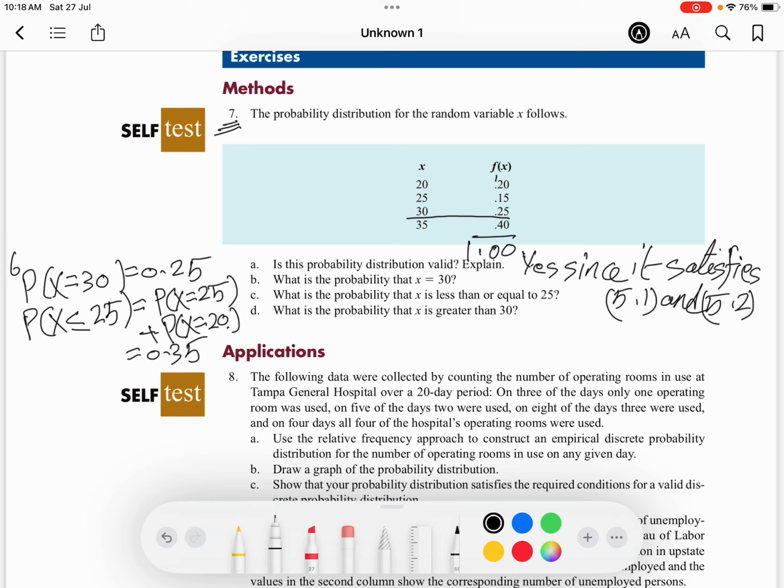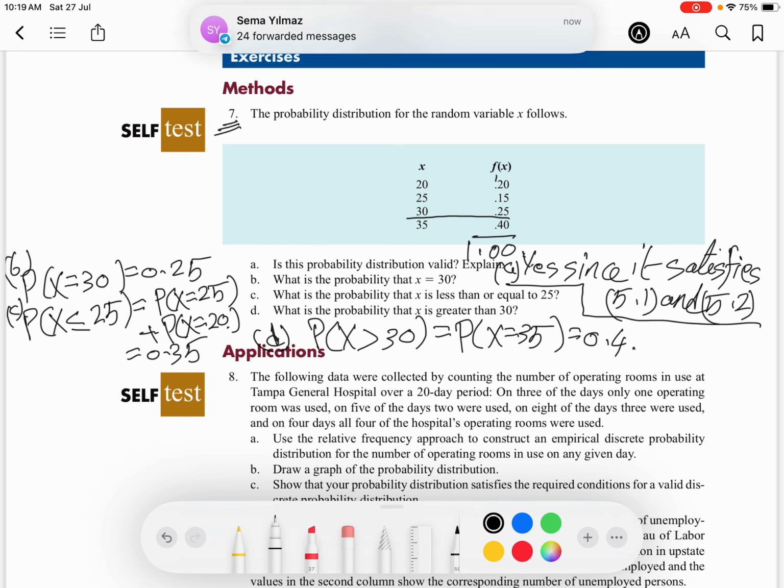This is B, and this is C, and this is A. What is the probability that x is greater than 30? D. Probability x greater than 30 means the probability x equal 35, which is 0.4.